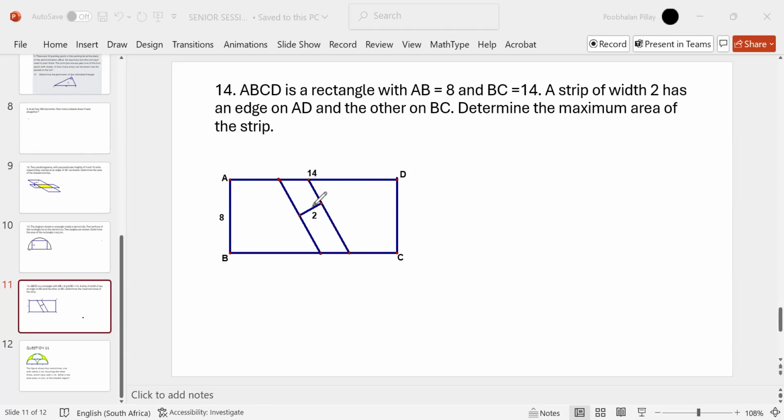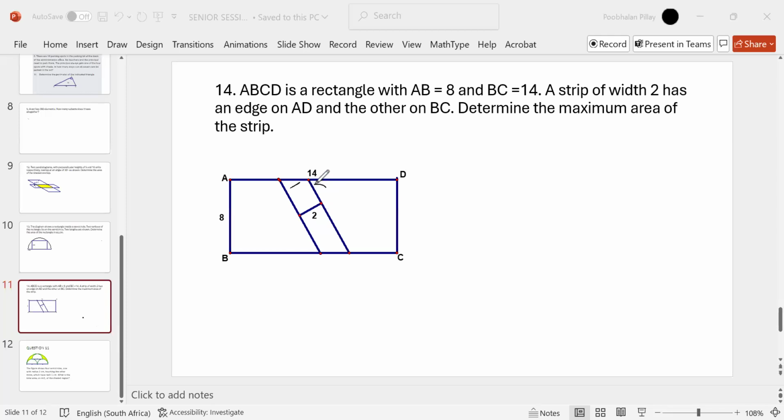Now you've got a strip of width 2. Now this is a parallelogram, right? As you can see, these 2 lines are parallel, and the width is 2. So, okay, we saw this thing earlier on. We can calculate the area of this parallelogram. Right? Determine the maximum area of the strip.